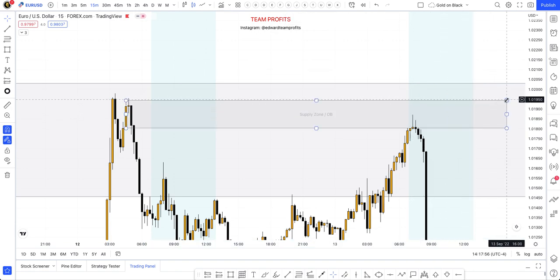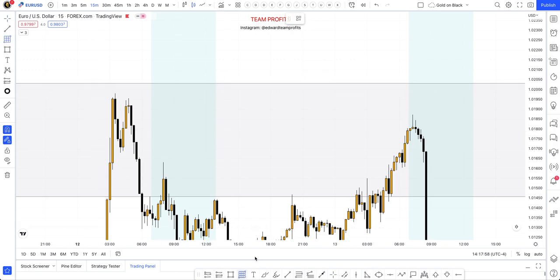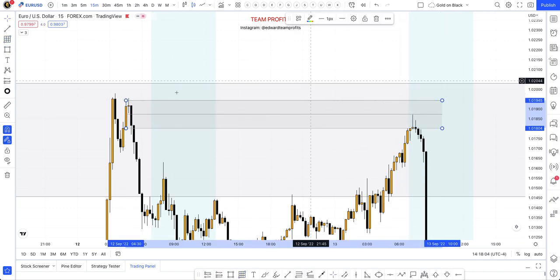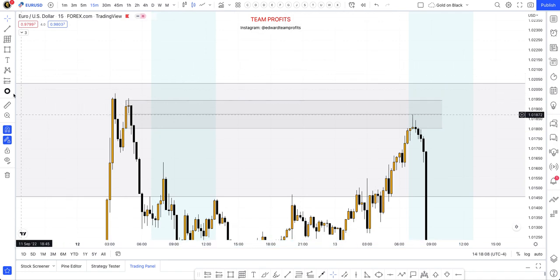So, in this case, let me do this now. I'm going to use this little box right here, and I'm going to go this way, right here. Right, so they would normally do this. They will place the position for the sell or for the buy, whatever the scenario is.